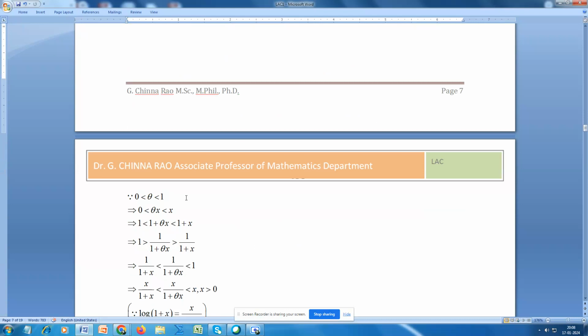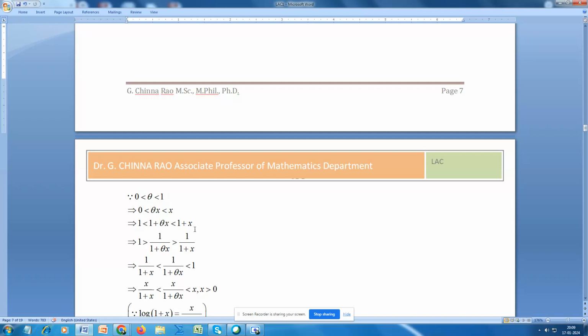Now to prove this, since 0 < θ < 1, multiplying with x on both sides, because x is greater than 0, the inequality never changes. As x > 0, 0 < θx < x. Now adding 1 on both sides, 1 < 1 + θx < 1 + x.